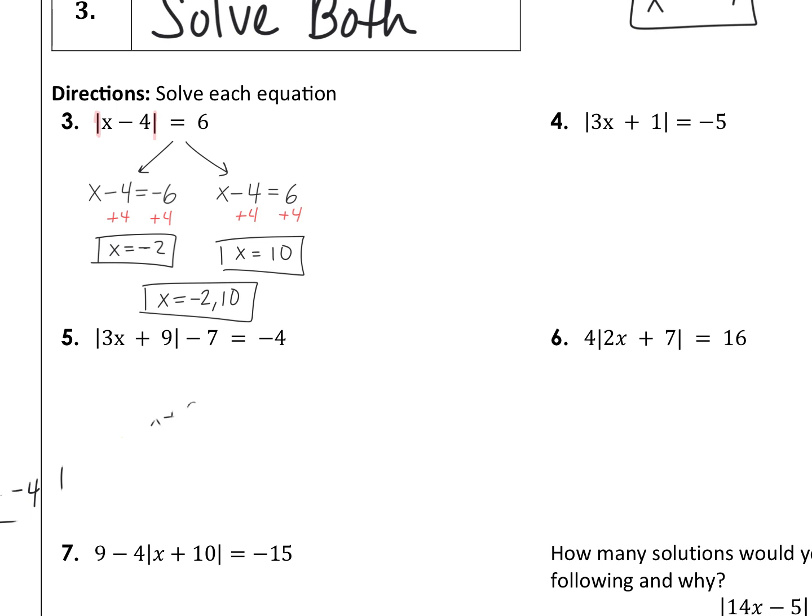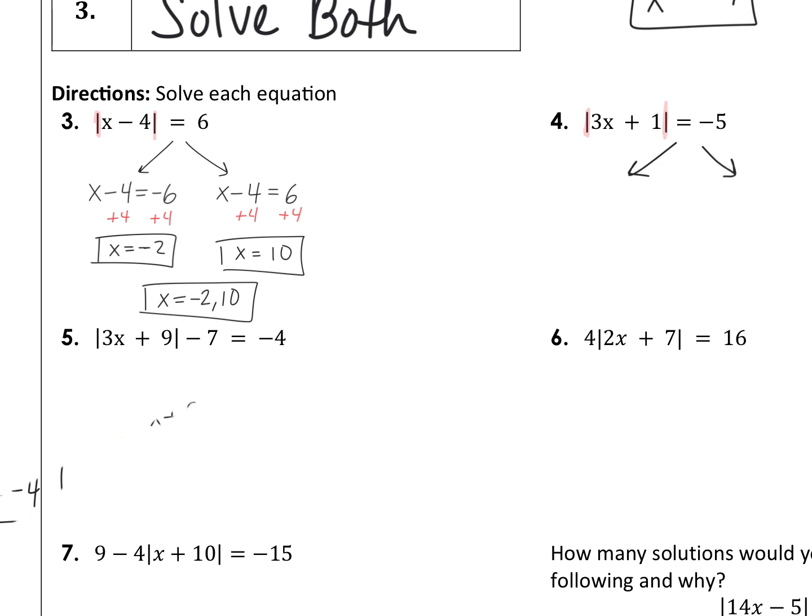Look at number 4. Can you check for me, is that isolated currently? Yep, it's the only thing on that side of the equal sign, and so go ahead and split it up. But wait. What numbers have an absolute value of negative 5 spaces from 0? None.